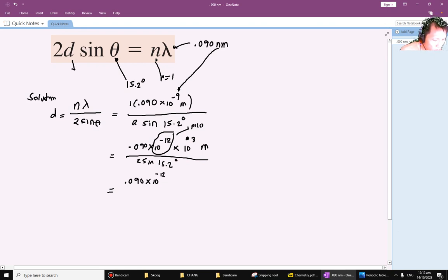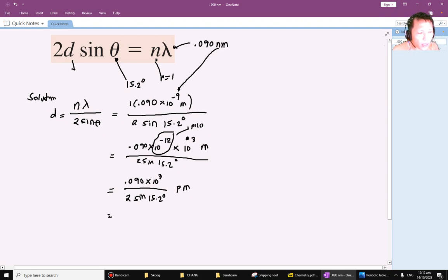Sorry, control Z. I need that negative 12 times 10 to the 3, divided by 2 sine 15.2 degrees. Now, our unit would be 10 to the negative 12, pico, and then the meter, that should be the picometer.